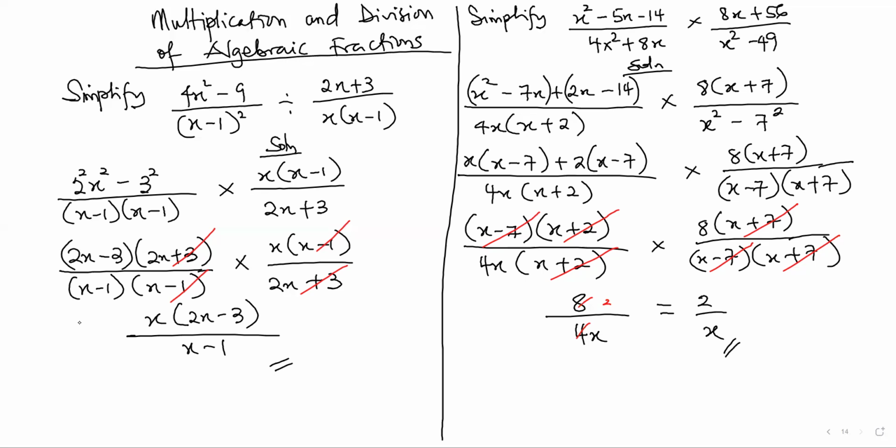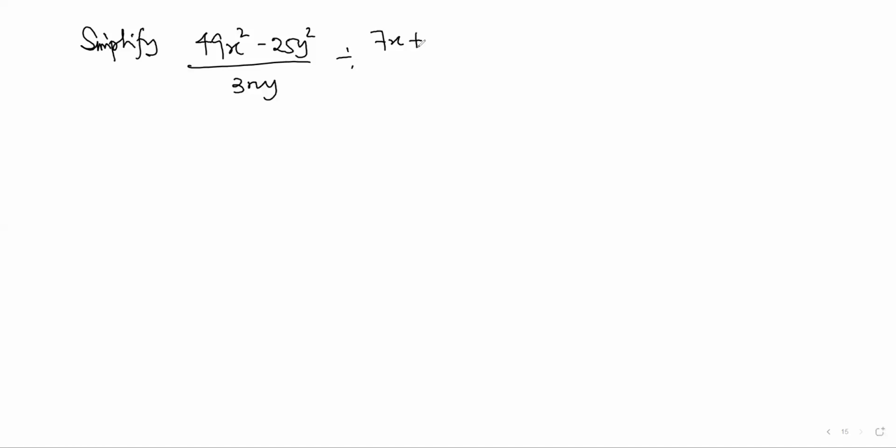Let's try some examples again. So we have simplify (49x squared minus 25y squared) divided by 3xy, divided by (7x plus 5y) divided by xy squared.